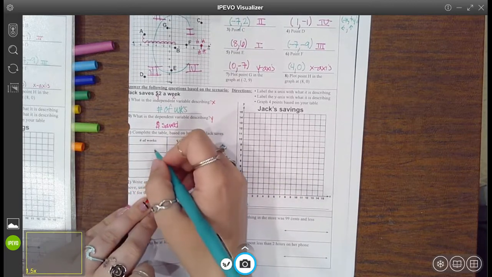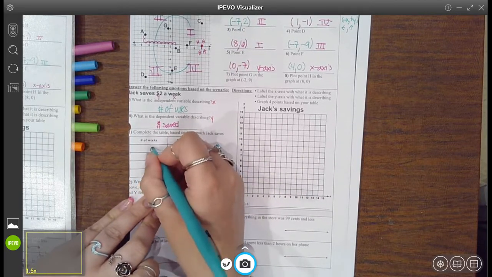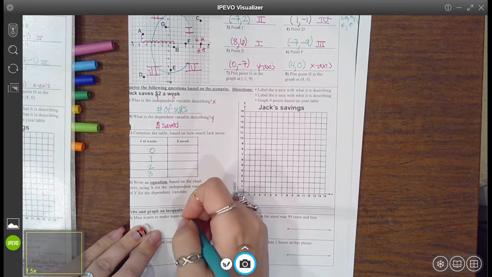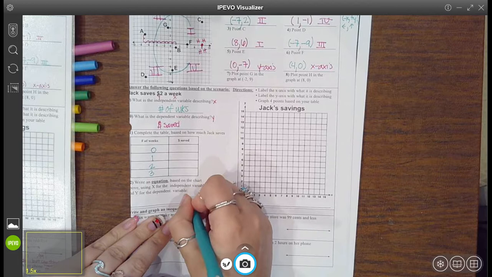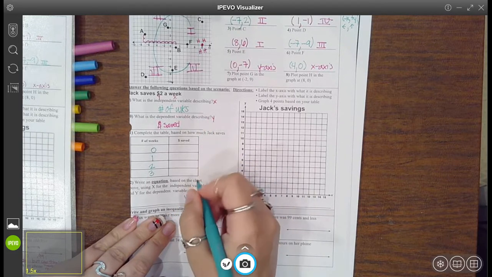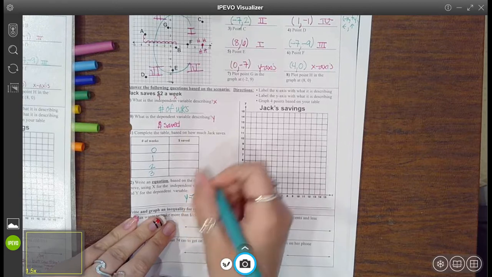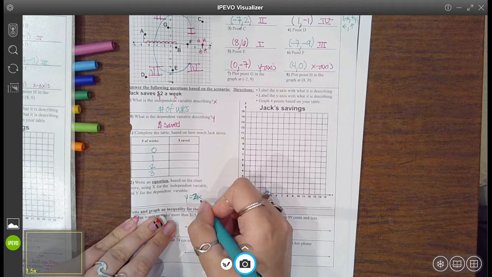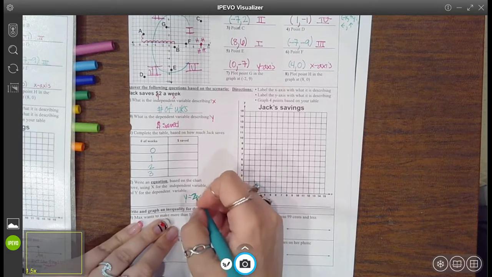And if you're like, what did you just say? Well, okay. When you complete your table, let's say at the starting point, after 1 week, 2 weeks, and 3 weeks, I'm going to use my equation of Y equals 2x, because my rate was 2. So I'm going to multiply that with my independent variable because that's how much you make.